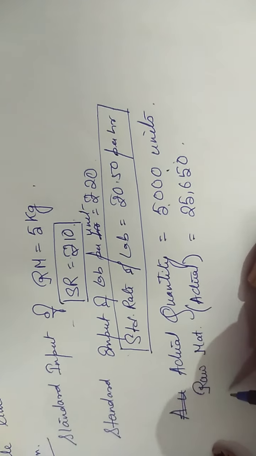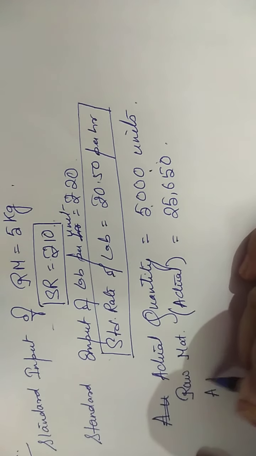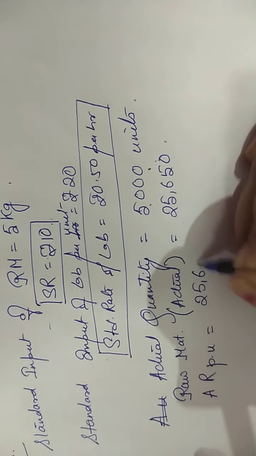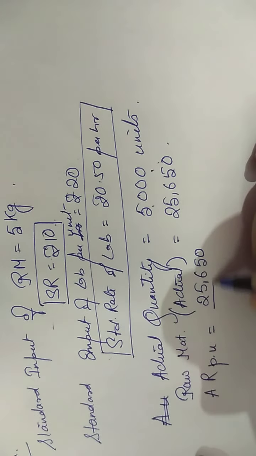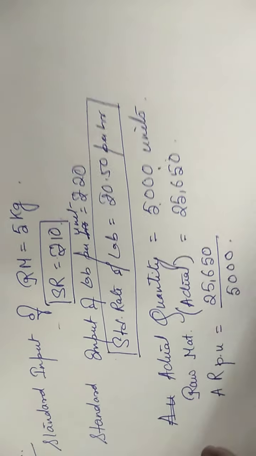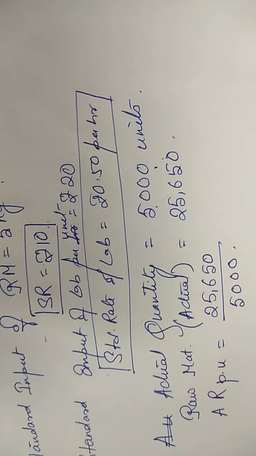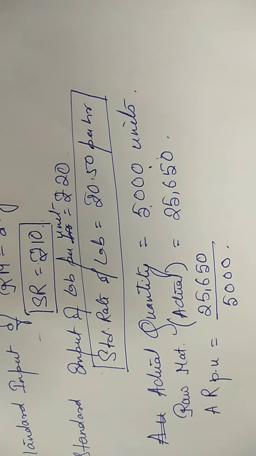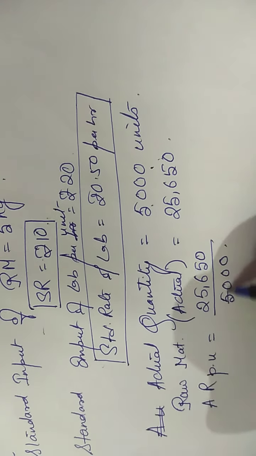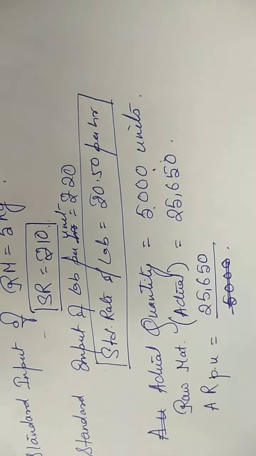So from here I can find out the actual rate per unit. 5,000 units is my finished product, so I cannot find it with this.